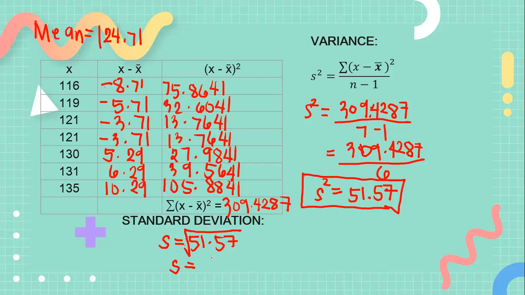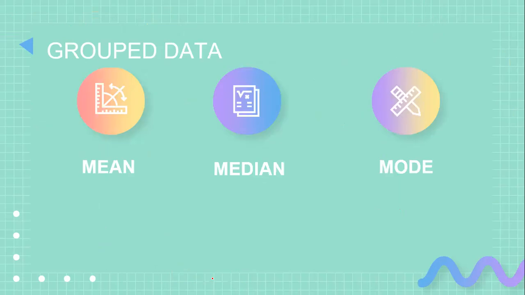Very good. It's 7.18. So meaning our standard deviation is 7.18. Did you get it, class? Okay, now let's proceed to the next slide. Now we have here the grouped data. So we have mean, median, and mode.